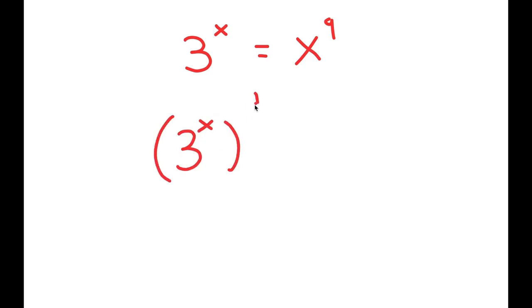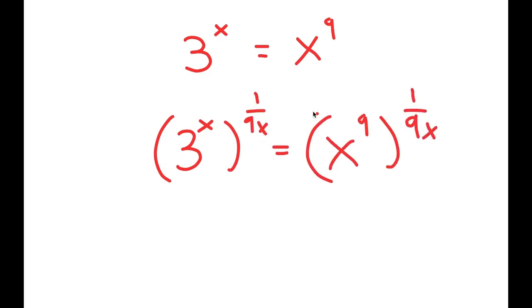Alright, so in this video, I'm going to solve the equation 3 to the power of x is equal to x to the power of 9. So, to solve this, I'm going to first take the power of 1 over 9x on both sides.